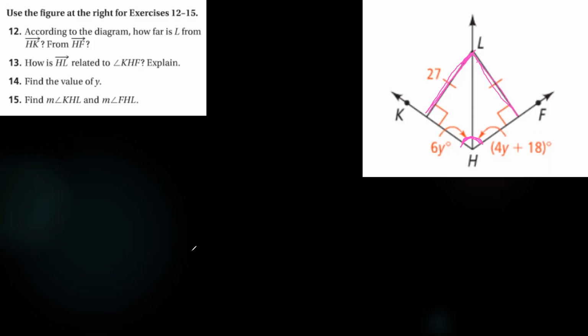Now, according to the diagram, how far is L from HK? Yes, this is HK. How far? What is the distance between point L and the line HK?